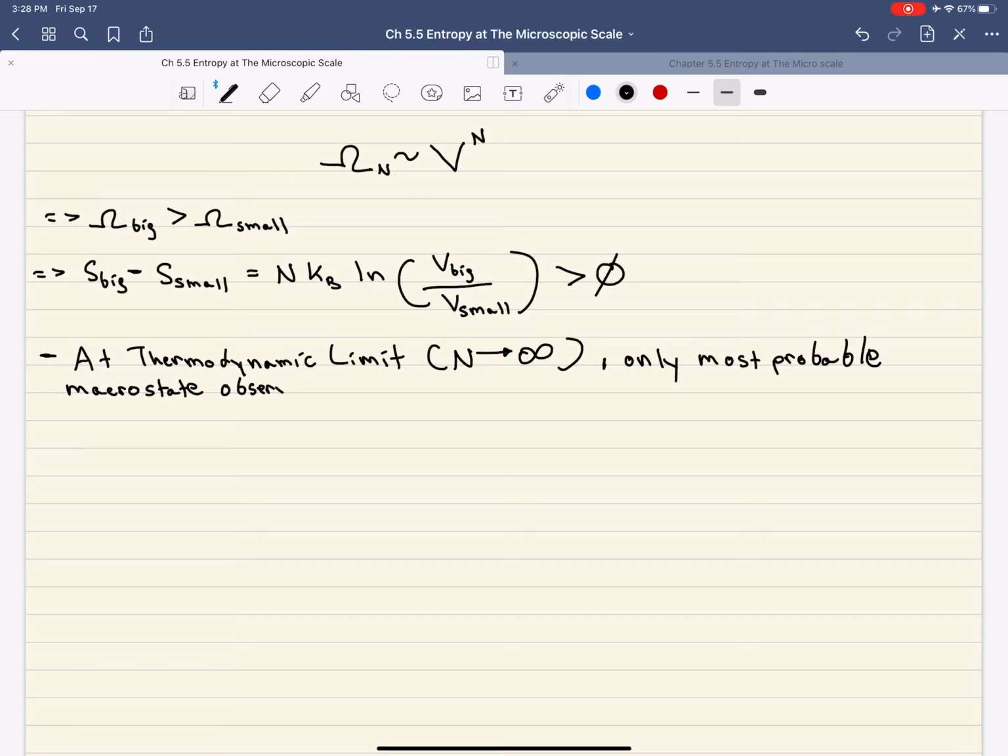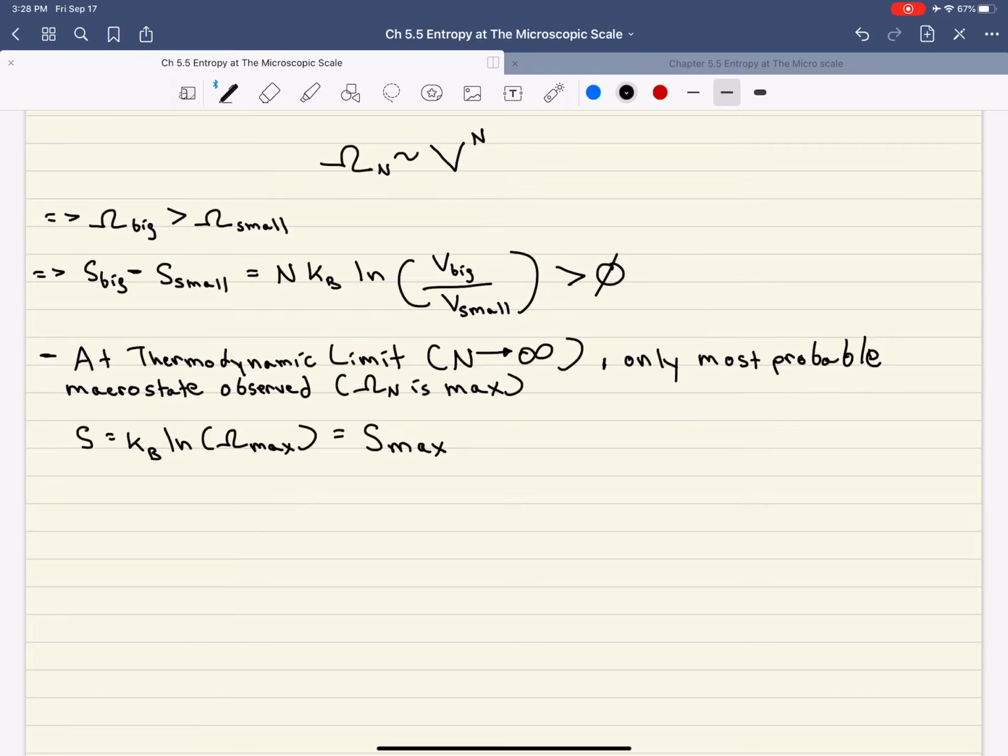So our omega n is maximized. For the case where omega n is maximized, the entropy of that system would be k_B ln of omega max, or otherwise, the case where entropy is also at its maximum.